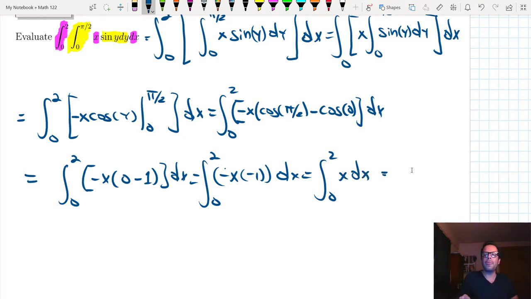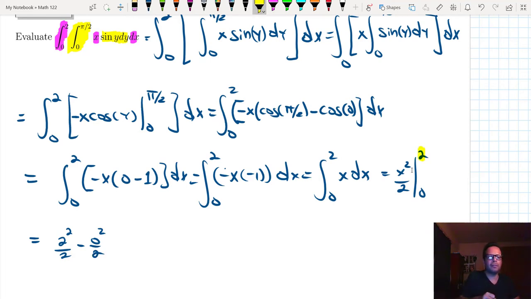Okay, so let's integrate x dx. So this will be x squared divided by 2 from 0 to 2. All right, so let's plug in the upper limit: 2 squared divided by 2 minus 0 squared divided by 2. Again, what are we plugging in?